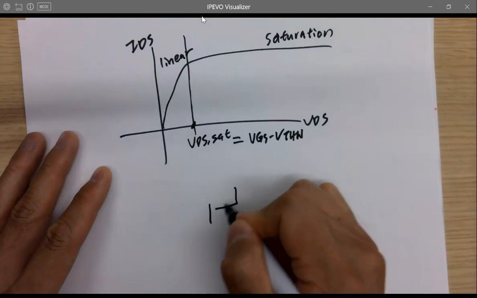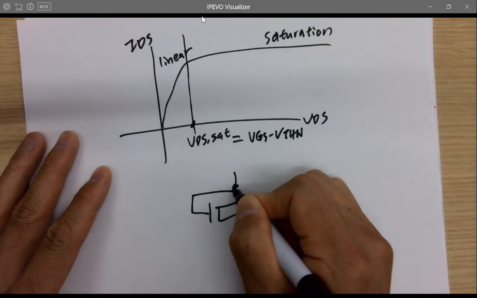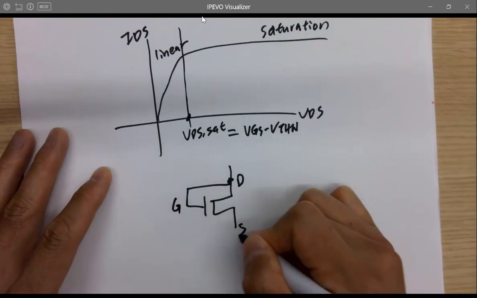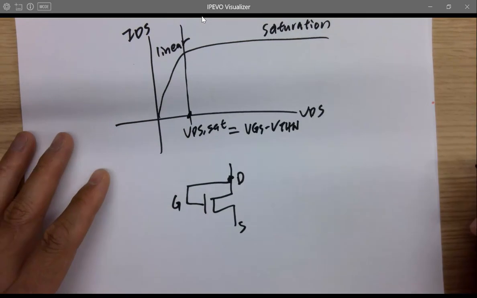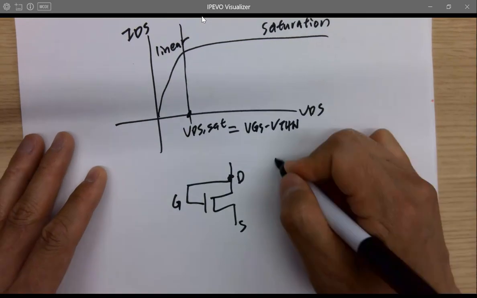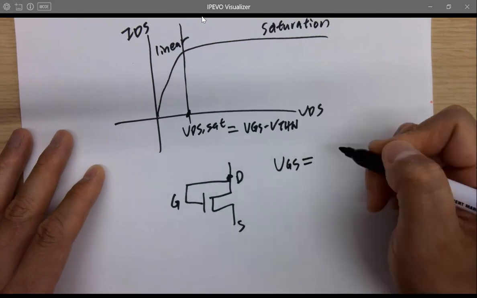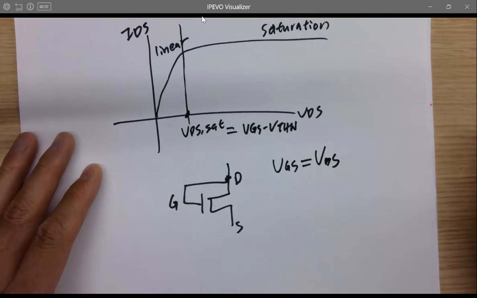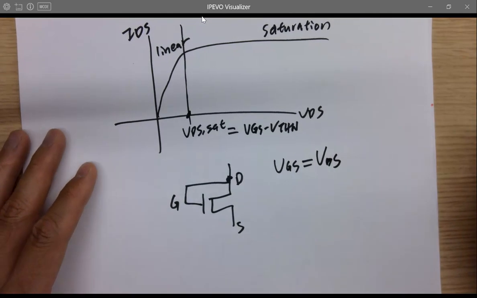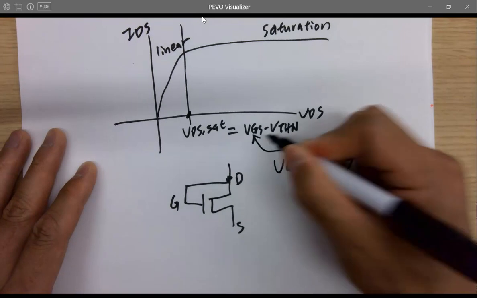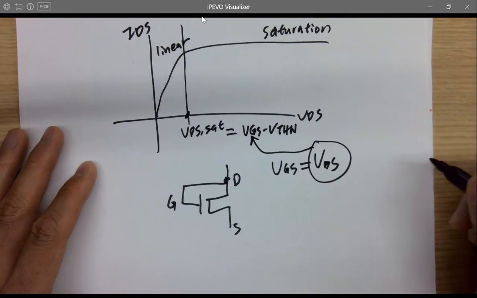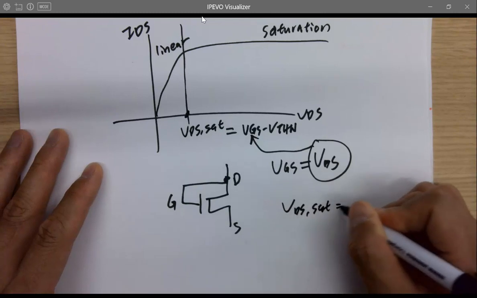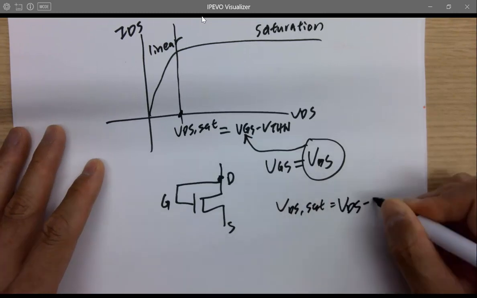If I connect the NMOS transistor this way, with D, G, S, what's going to happen? VGS equals what? So we can substitute VGS with VDS, right? So now VDS set equals VDS minus VTHN.